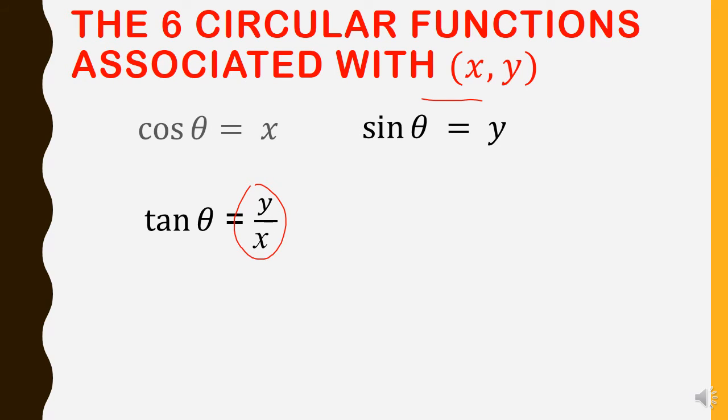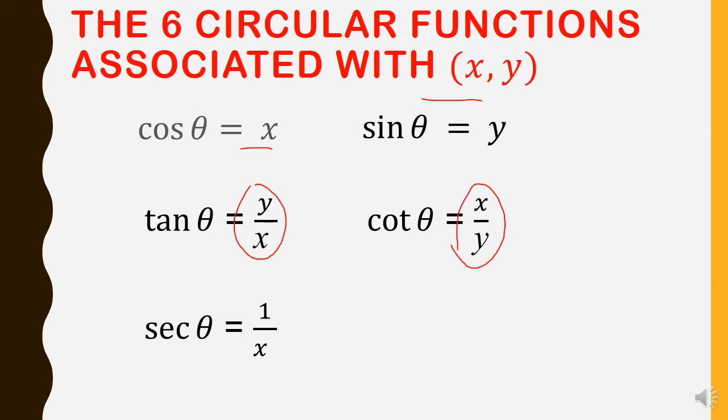And then the reciprocal of that will be cotangent theta, which is equal to x over y. Okay. And then the reciprocal of cosine, which is secant theta, will be equal to 1 over x. And the reciprocal of sine theta, which we will now introduce as the cosecant theta, is 1 over y.